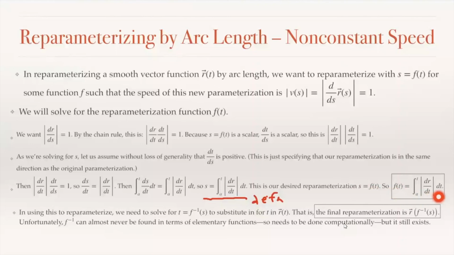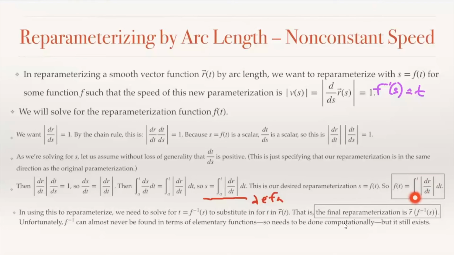But now to replace our t with an s, from this, that means that t is f inverse of s. So we would need to replace t in the original parameterization with f inverse of s, where f is this integral of a magnitude, and that magnitude involves the square root of a sum of squares.